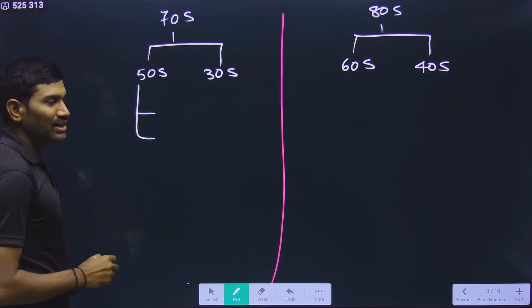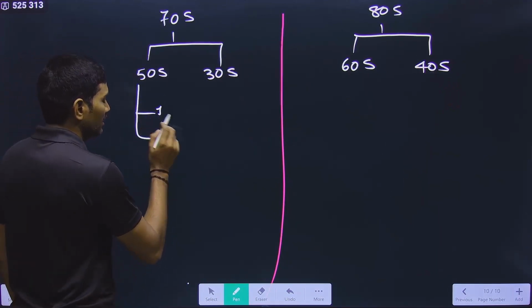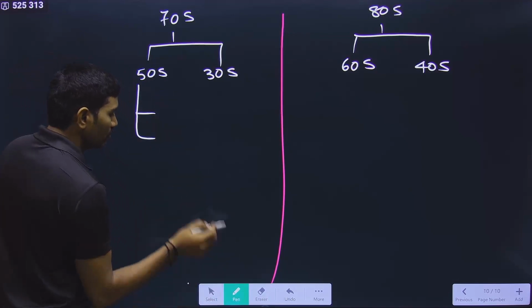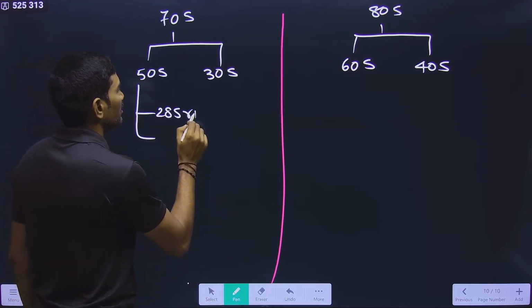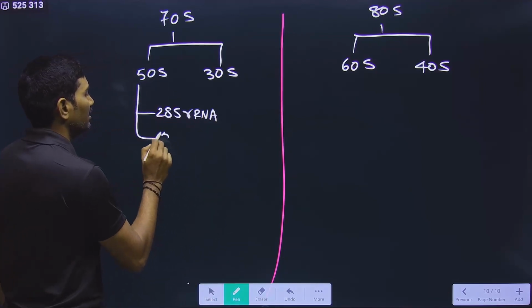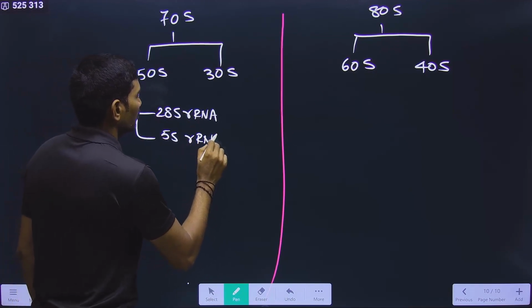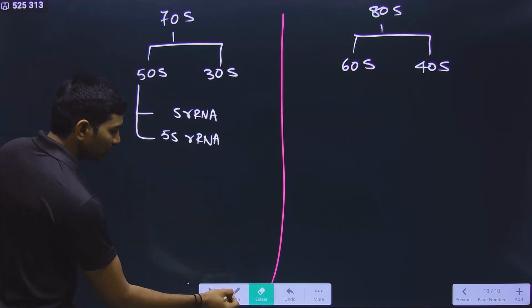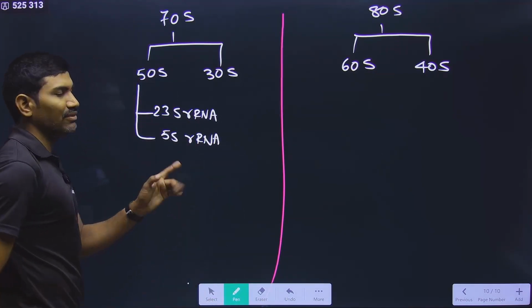In the case of 50S, what are the rRNAs that are present? They are 23S rRNA and 5S rRNA.